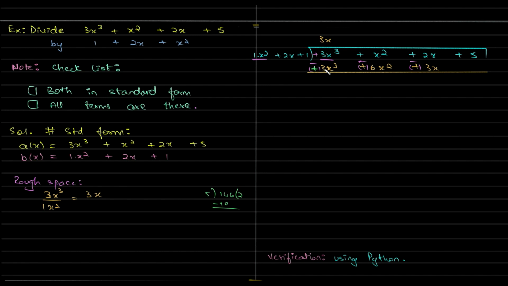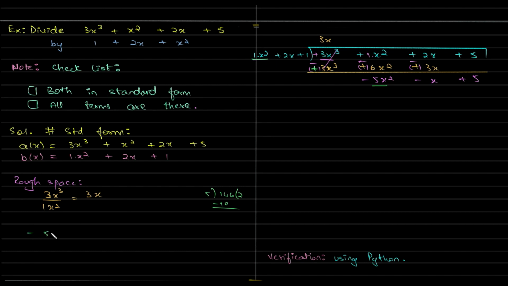So 3x cube minus 3x cube will get cancelled. Then plus 1x square minus 6x square will give me minus 5x square. Plus 2x minus 3x will give me minus x, and this is plus 5. Then again start fresh, look at the first term over here, and divide them.